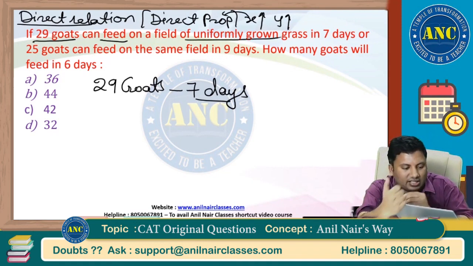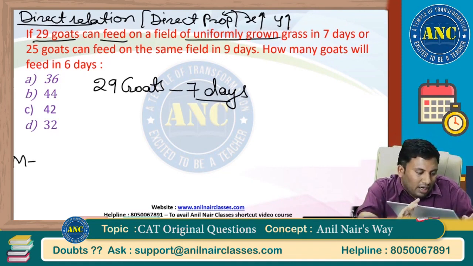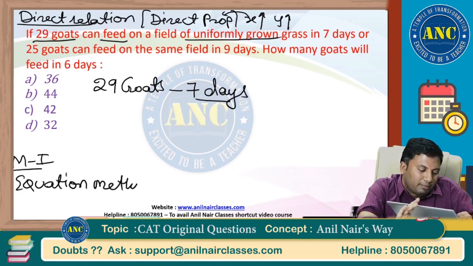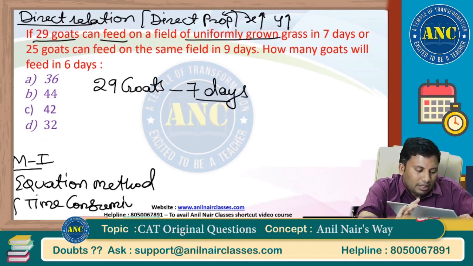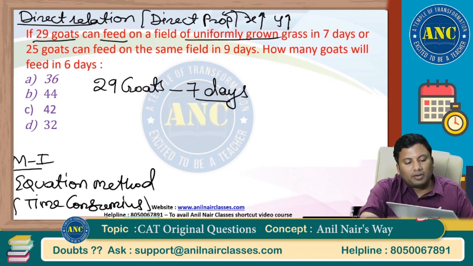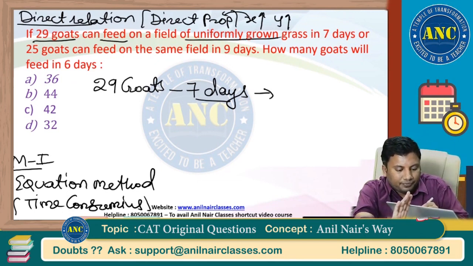Uniformly grown grass. Method 1 is the equation method, which is a very time consuming method. What we will do is, 29 goats can feed on the grass in 7 days.